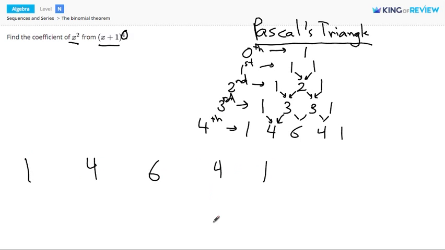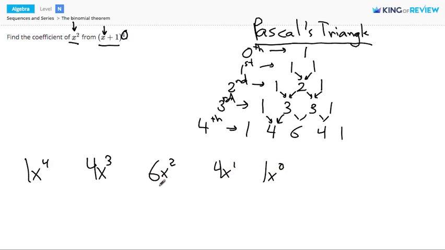Now the question is, which one of these goes with x squared? Since x is the first term in our binomial, the first term will have x to the fourth power, since that's the power we want to raise the binomial to. The next term will have x to the third, 1 less, then x squared, then x to the first, and then x to the 0.